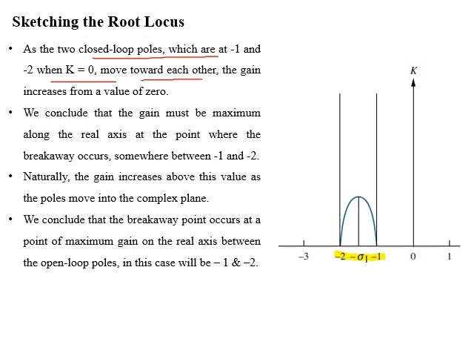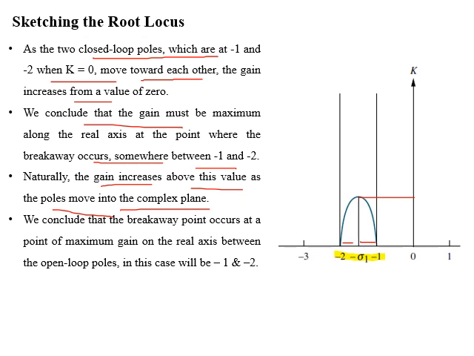And when the gain reaches its maximum value on real axis, at that point between -1 and -2, breakaway will occur, and on further increasing the gain above that value, the poles of the closed loop system will enter into the complex plane.